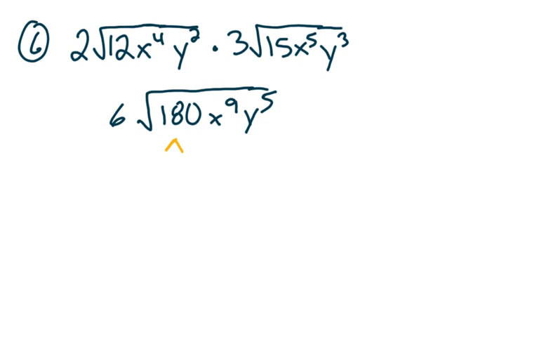So 2 numbers that multiply to 180, 12 and 15. Can be any 2 numbers, remember. I can break apart the 15 into a 3 and a 5. And I can break apart the 12 into a 3 and a 4. And then I can break apart the 4 into a 2 and a 2.